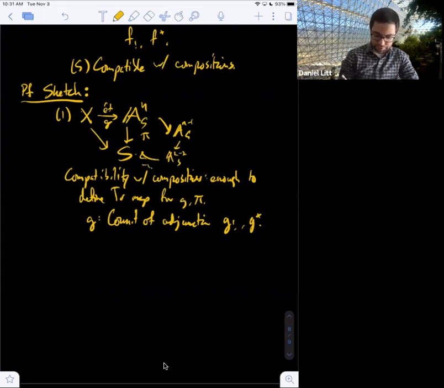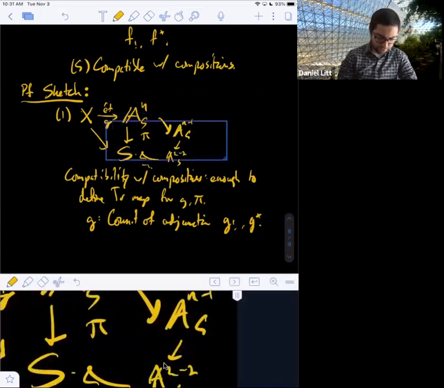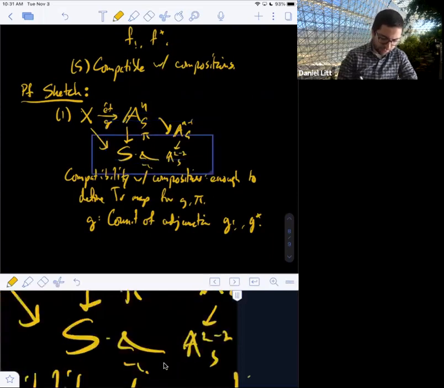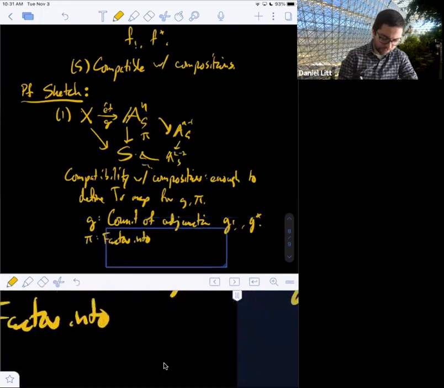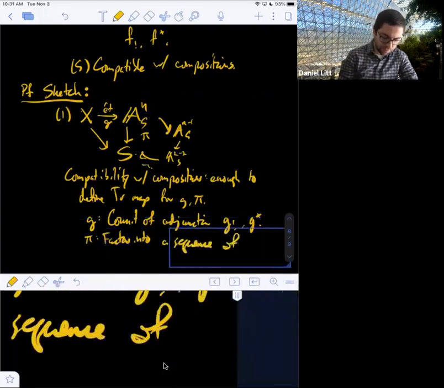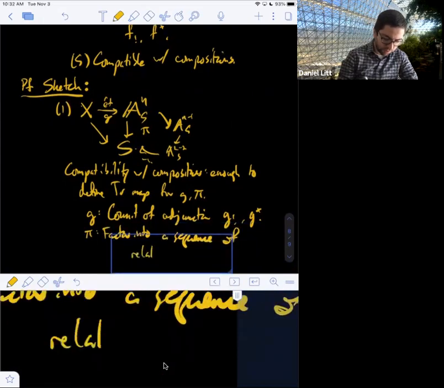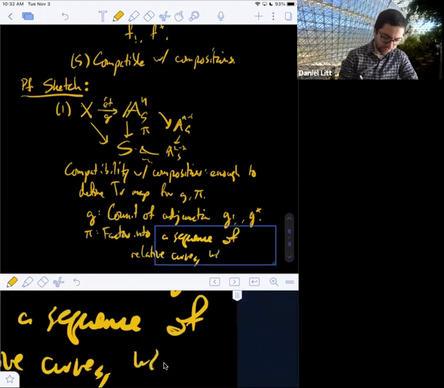So these are all relative curves. So for pi, we can factor into a sequence of relative curves, and then use the curve case.